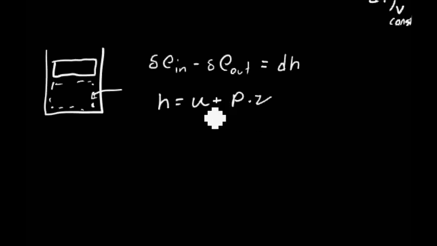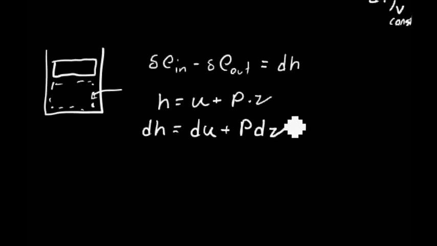Okay, so taking the derivative of this, dH, we end up getting dU plus, using the product rule in derivatives, we get pressure times d specific volume plus specific volume times dP.